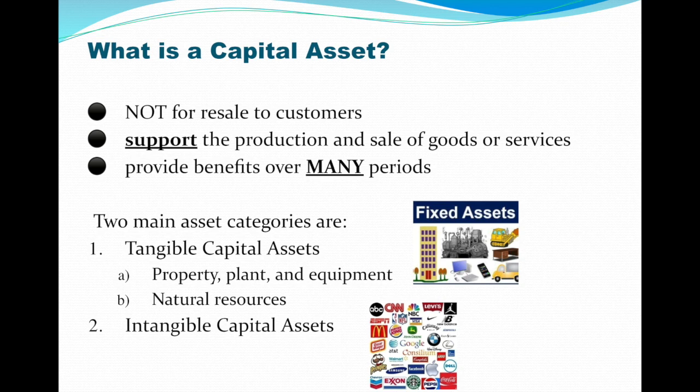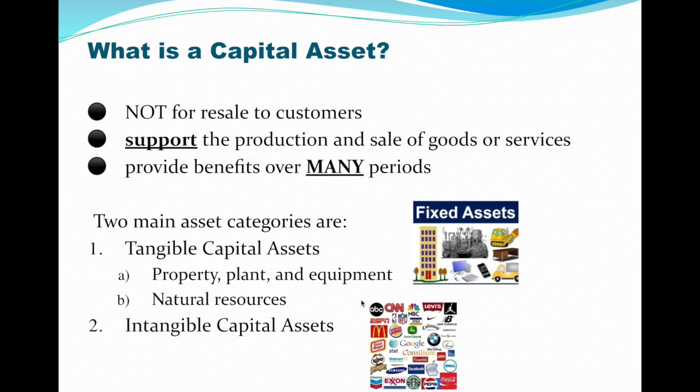And intangible assets are things like brands, which carry a lot of value, but you can't physically touch them. Did you guys know that Coke's brand is worth more than all of the tangible capital assets put together?